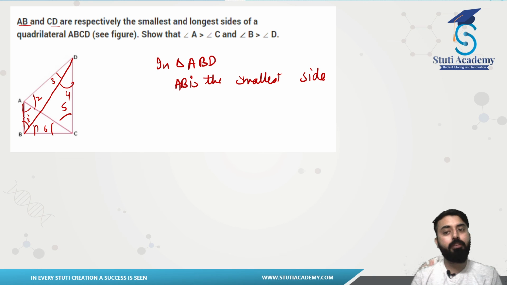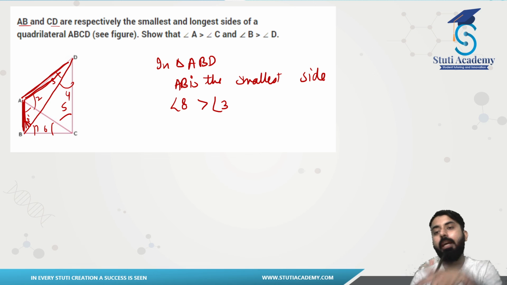If AB is the smallest, then AD has to be the greater one. So angle 8 will be greater than angle 3. Got my point? I don't know anything about AD, but I do know AB is the smallest. If AB is the smallest, then AD has to be greater. So angle 8 is greater than angle 3, right?